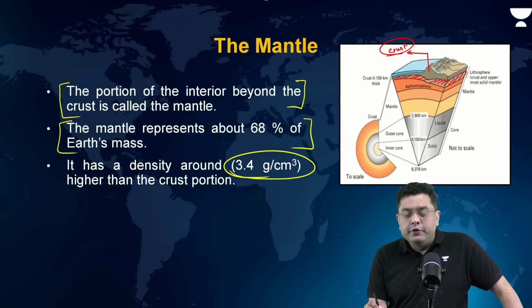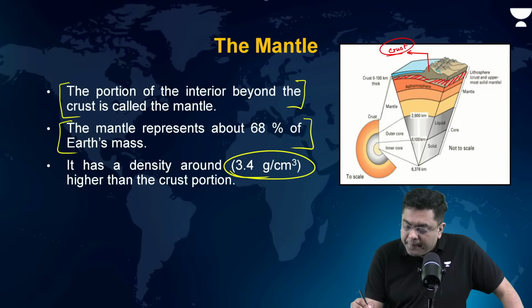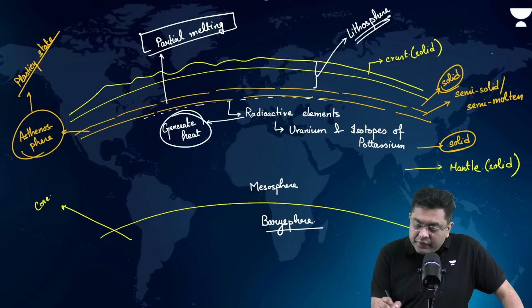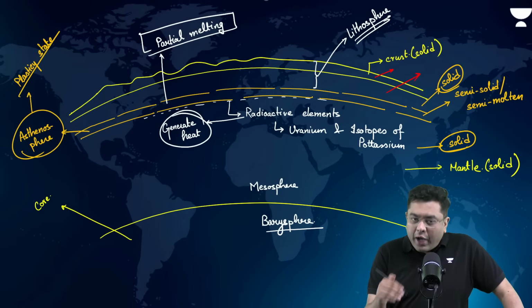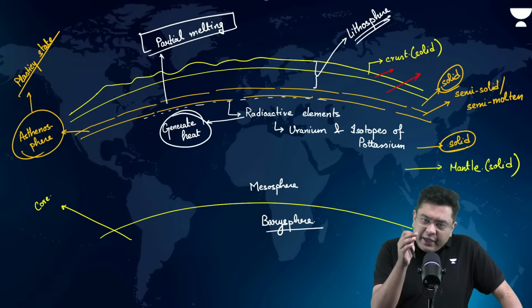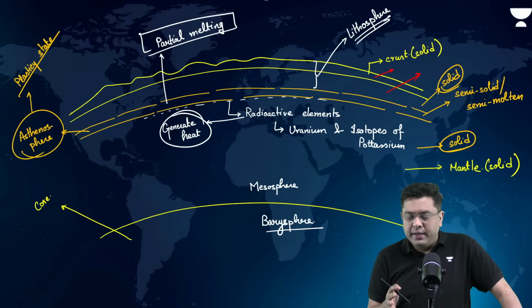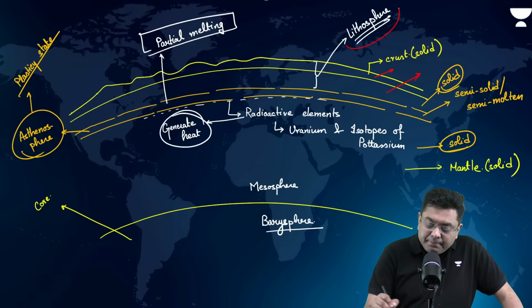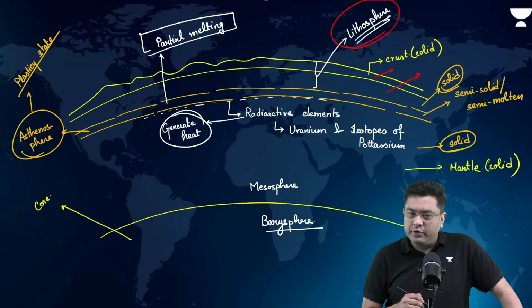So, this portion is solid, right? Just like here. This is your solid portion. This is also your solid portion. So, above that asthenosphere, you have the solid mantle. That is what together combined is known as the lithosphere.